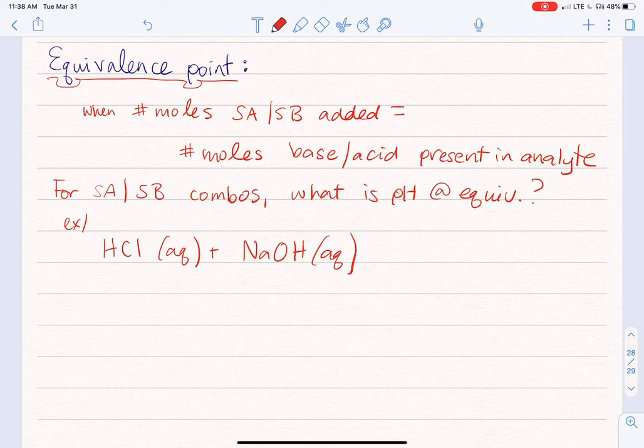The equivalence point is defined as the point at which both of these are stoichiometrically balanced, so that the number of moles of one equals the number of moles of the other. Now, since these are strong, the reaction goes to completion.